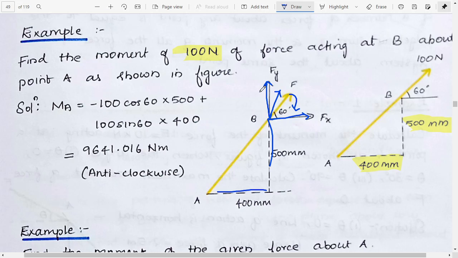And in this case it will be plus 100 sine 60 into 400, because we are going in the anti-clockwise direction. So that is important. The direction in which we are rotating is also important. So we are getting 9641.06 Newton meter, and it is anti-clockwise. Why? Because it is a positive value, so it will be anti-clockwise.